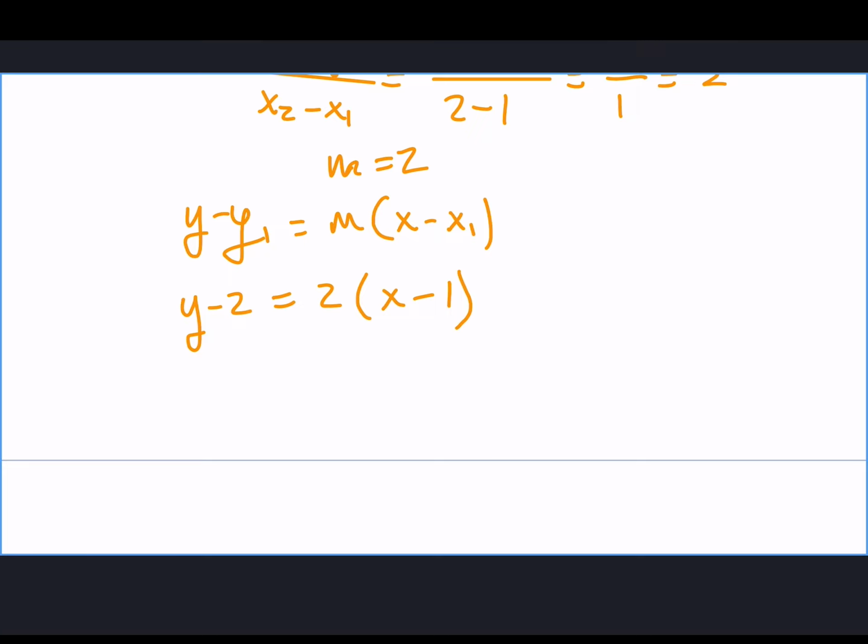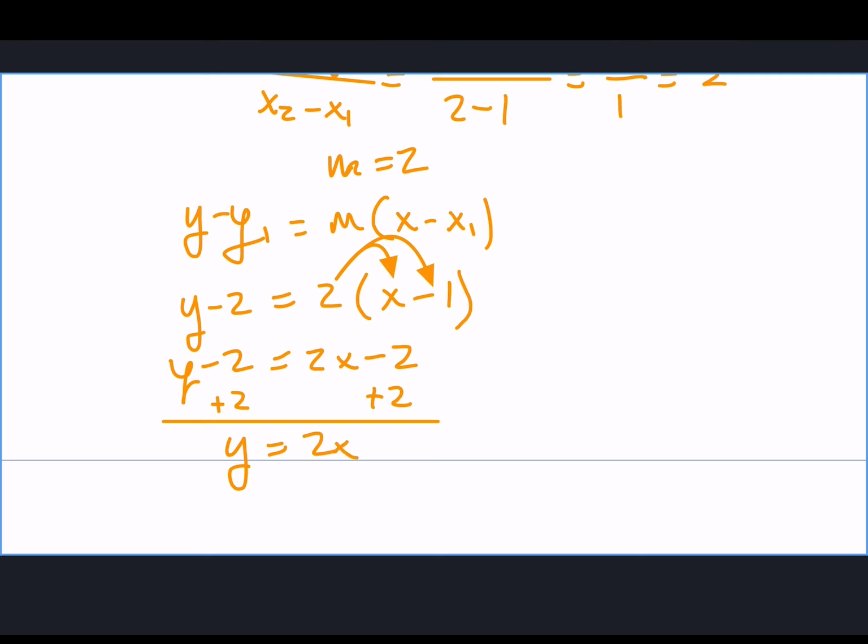We need to distribute, and what do we get? 2 times x, which is 2x, and minus 2. So we have y minus 2 equals 2x minus 2. To solve for y, what do we do to both sides? Add 2 to both sides. And we get y equals 2x.